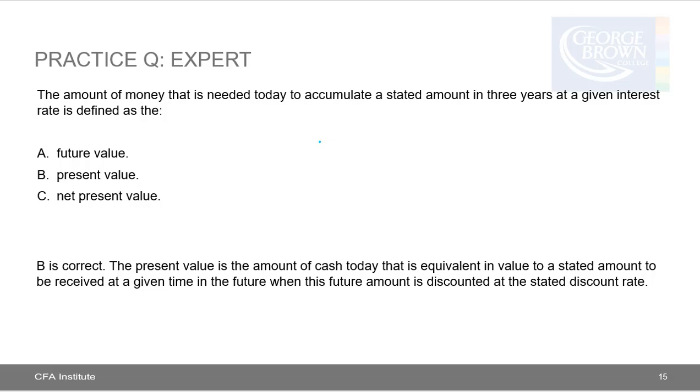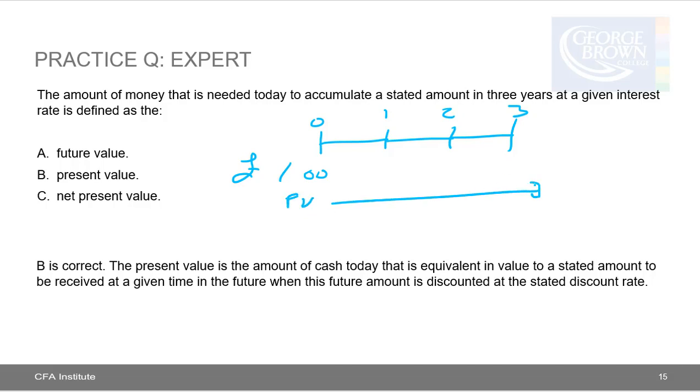So just carrying on with that example a little bit, just to make sure you fully understand it. Let's say that you had that £100 here, and we call that time 0, and we're looking at 3 years later, okay? So the present value of the £100, what would it be worth after 3 years if we were investing again at that 10%, okay?